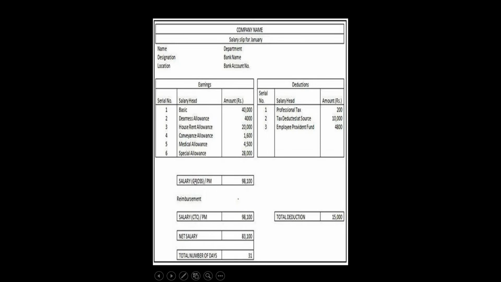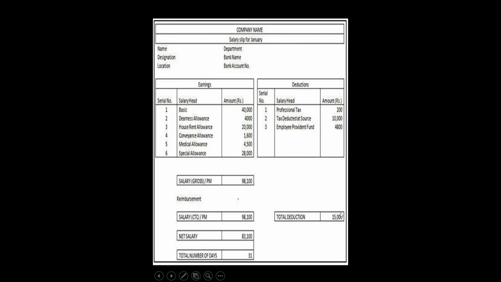Very nice salary. There's a difference between what we talk about as gross and net. The gross salary is what you would be paid per month before anything has been deducted. So all of these things over here would total my 98,000 Rand per month. Then I've got deductions, things like tax deducted at source and the employee provident fund.